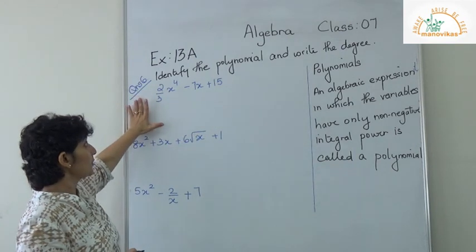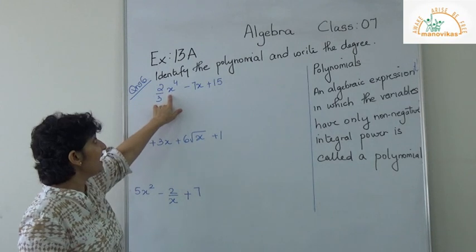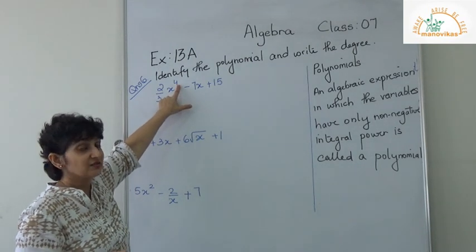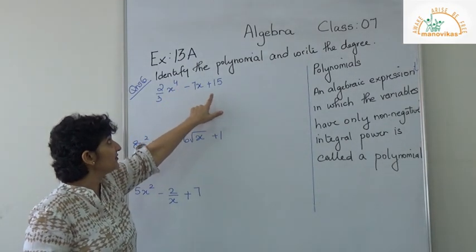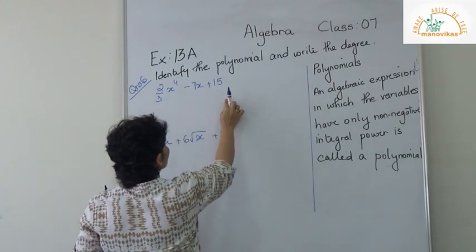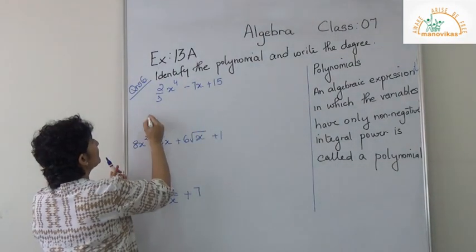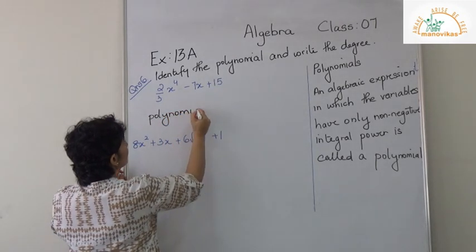Now let's come back to your question 6, the first sum. 2 more 3, x to the power 4. Now this is your degree, children. X to the power 4 minus 7x plus 15. Now this algebraic expression is a polynomial. Alright?